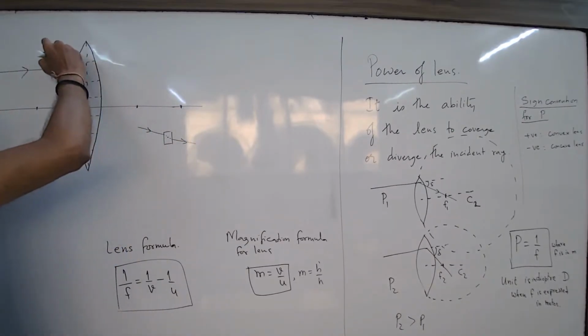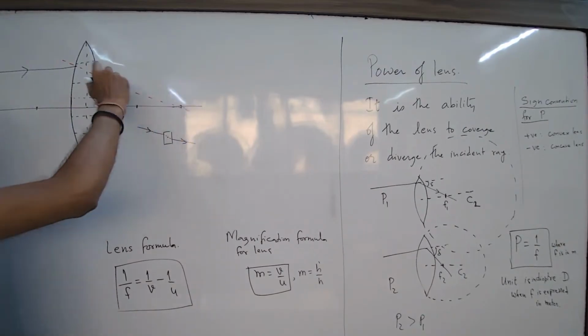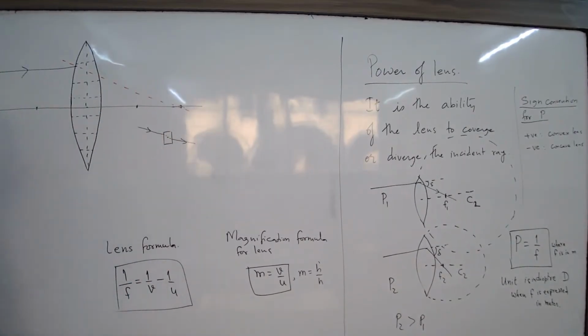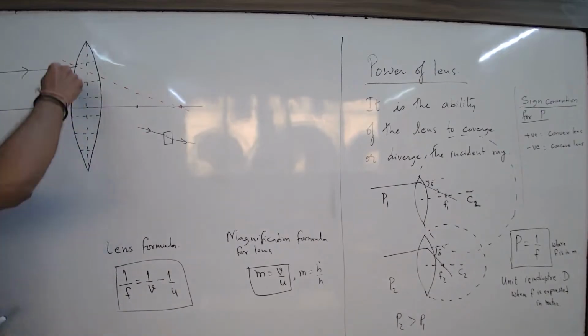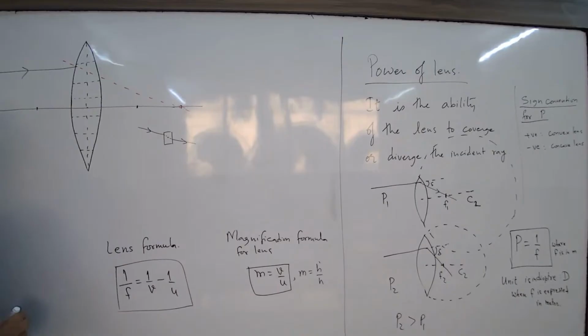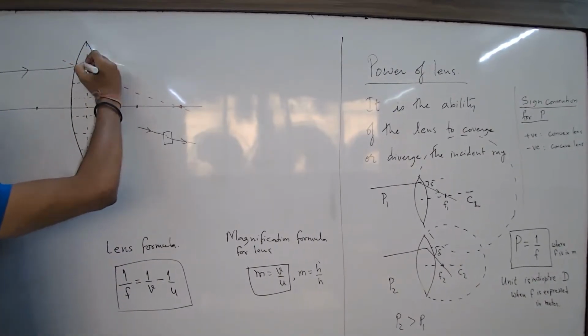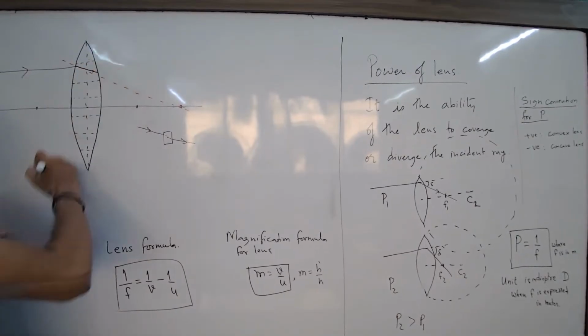Normal will be this, the radius. Now this is a denser medium. When the light enters at this surface, it will bend towards the normal. Correct?